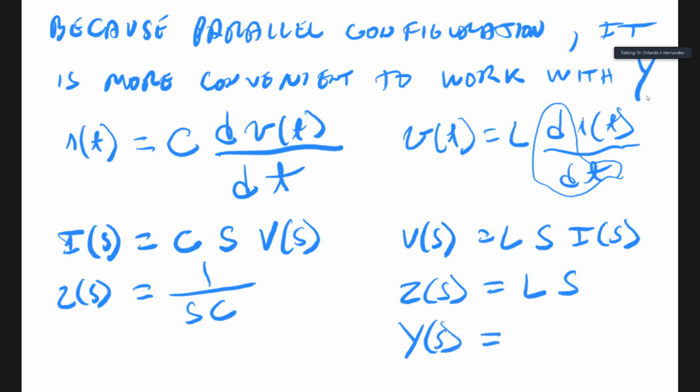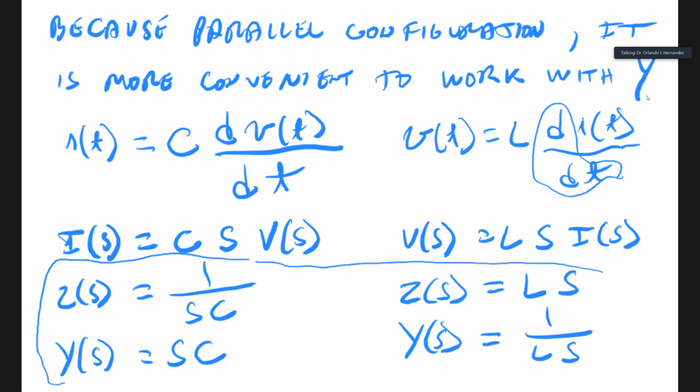So for the inductor it would be 1 over LS, and for the capacitor it would be SC. So we want to work with this Laplace admittance and impedances. When we apply our circuit analysis equations, like nodal analysis and things like that, we come up with an expression in the S domain automatically. And that's what we're going to do with this resonator.